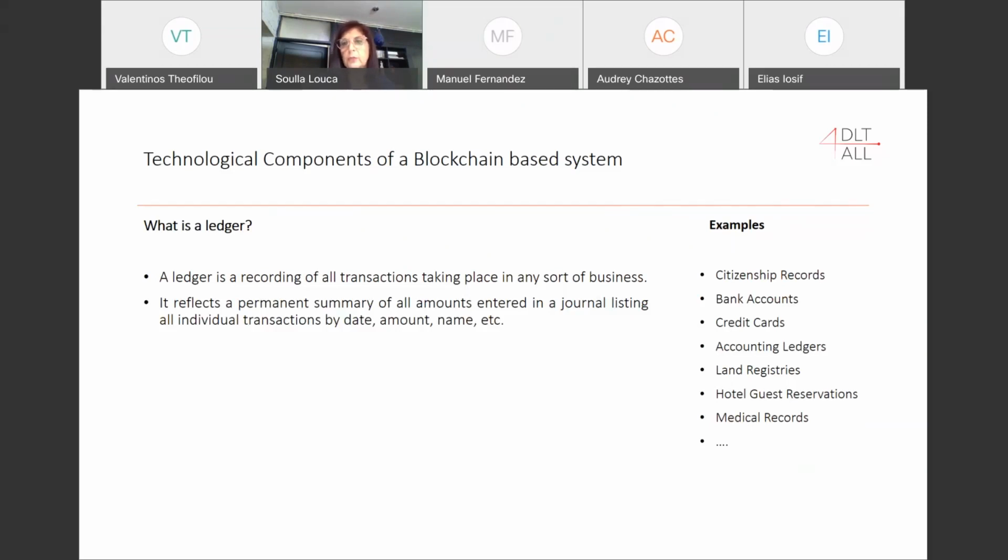Examples may include citizenship records, bank accounts, transactions that take place with credit cards, accounting ledgers, land registers, hotel guest reservations, and many more.